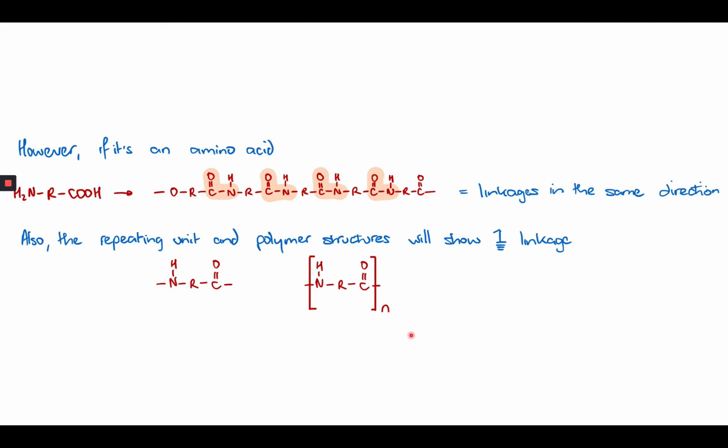Okay. Just the other thing, I guess, to mention is in the exam, they don't necessarily show the repeating unit with, say, the nitrogen at one end and the carbonyl group at the other.